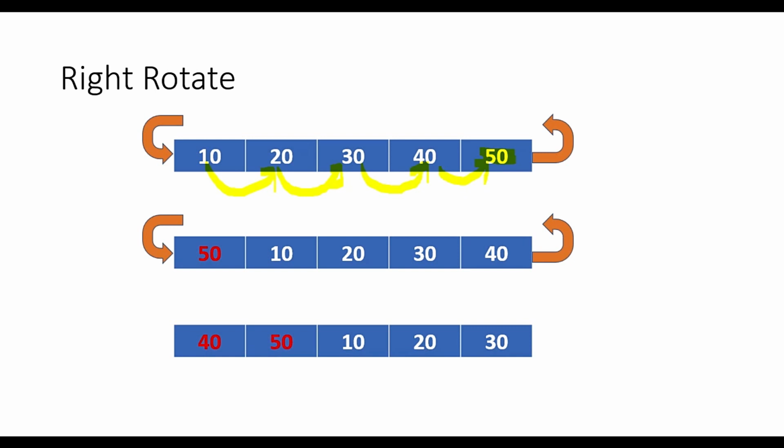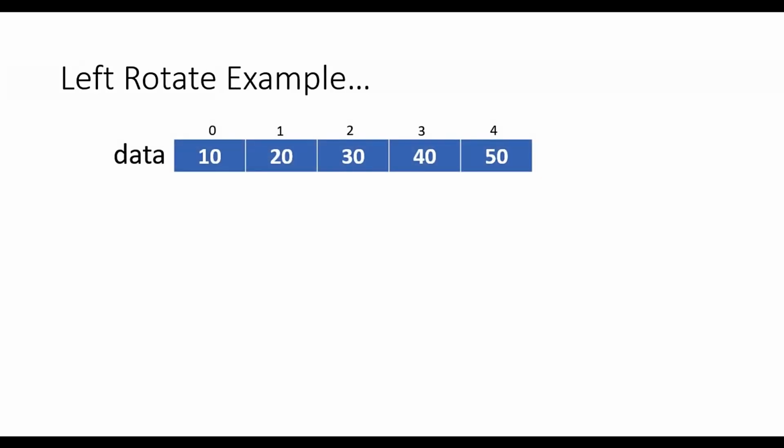We saw what is left rotate and right rotate. Now next, let's take an example and perform this operation step by step to build an algorithm. We'll take a left rotate example, and let's say we have an array. I'm taking the same array and let's call that array data, and all the elements 10, 20, 30, 40 and 50 are stored in the array.